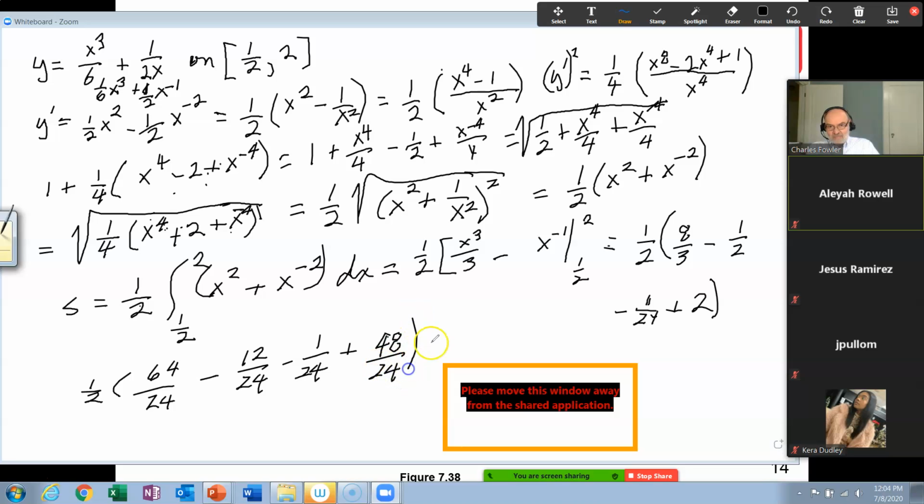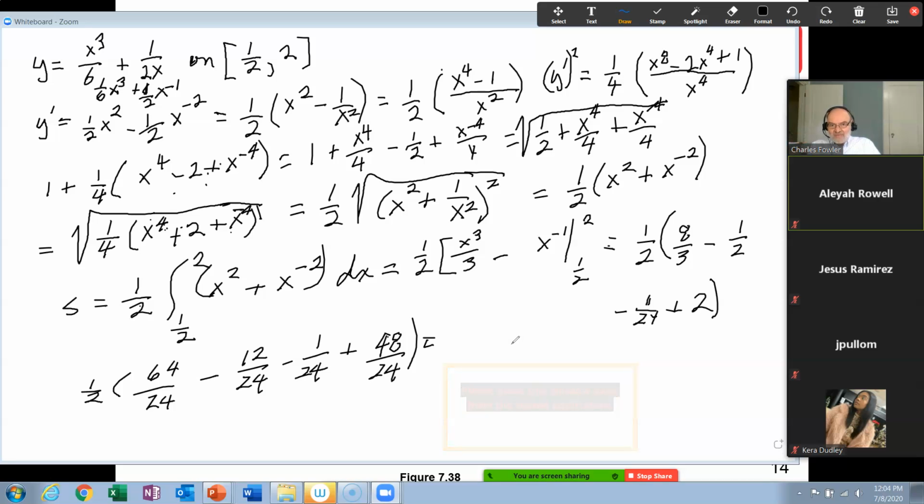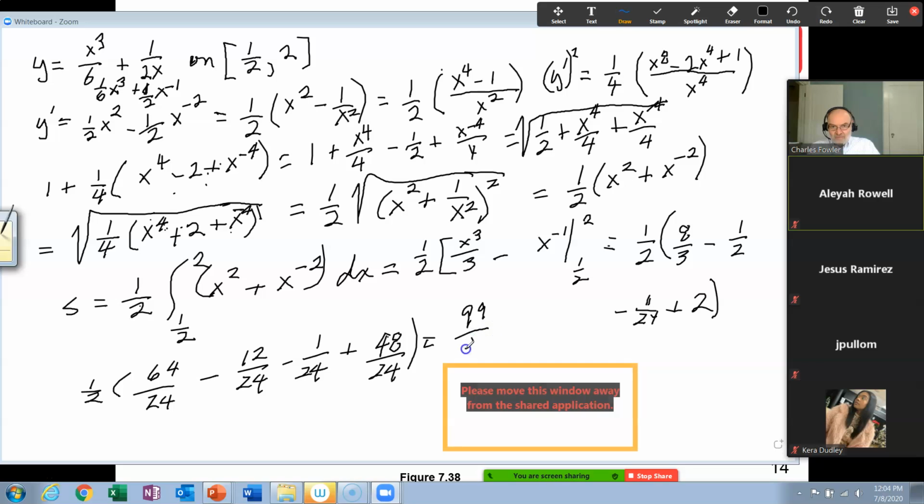Which is 2. Okay. Now let's add those two together, 112 minus 13, I think is 99, isn't it? 99 24ths, and you got the 1/2 in front.